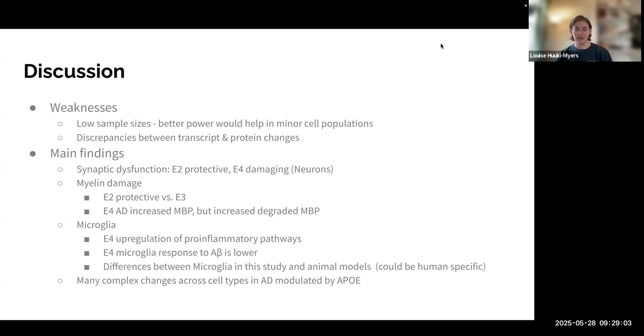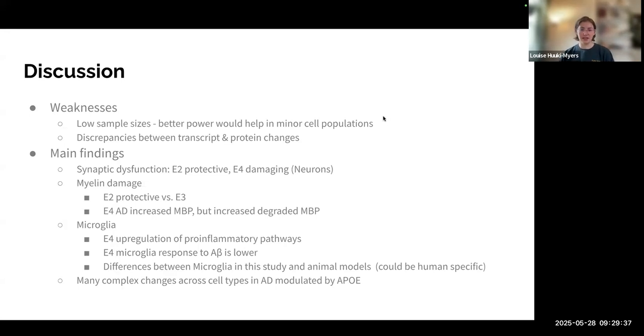They also note that they found discrepancies between transcript and protein changes. So going back to the MVP, when they actually looked at the protein changes in E4, it was different than they expected from the transcriptomic data. That might not necessarily be a problem with their study, but rather the steps in between the RNA and the actual proteins. Something's happening there that needs to be studied that they're just not finding here and don't have the resources for.